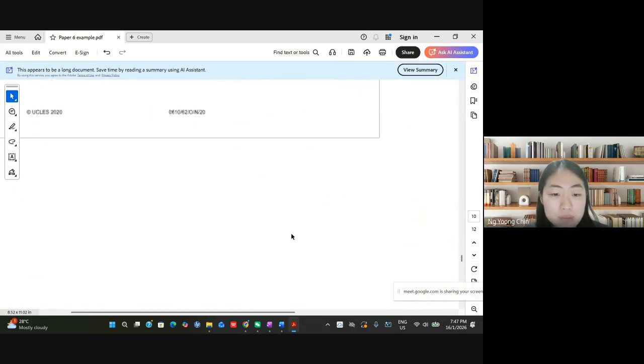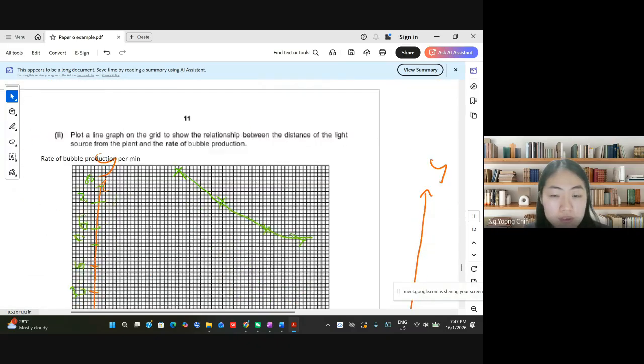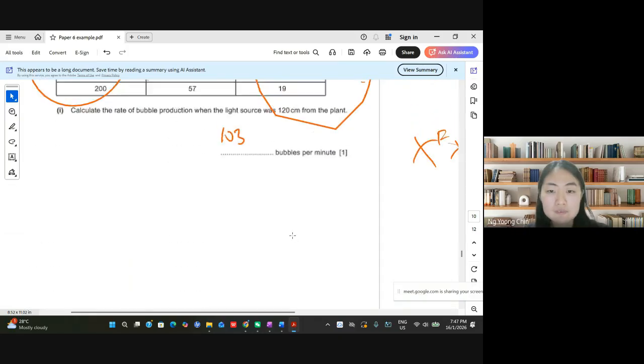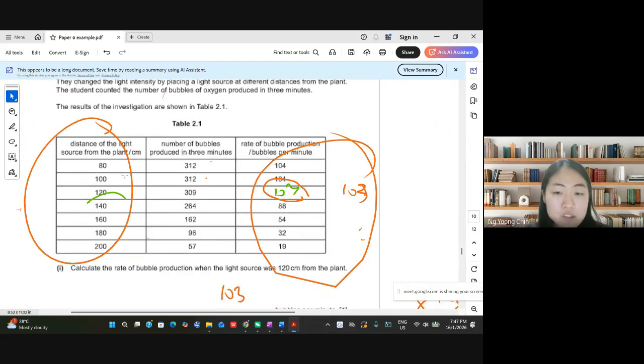Where I do show you here. Oh no, I didn't show you here. Okay, which is you refer to this one. Okay, you have about 80 cm of the light source from the plant.